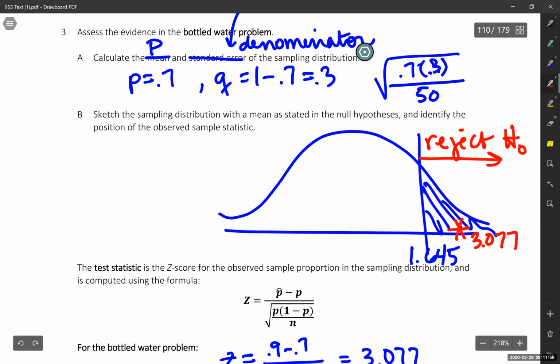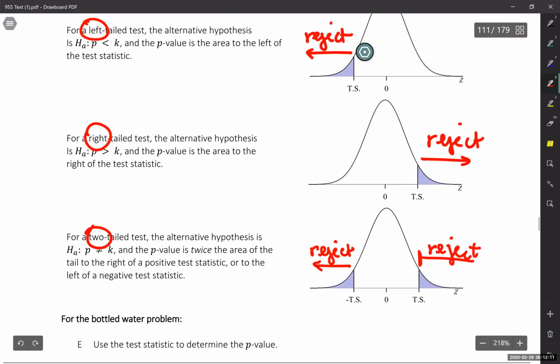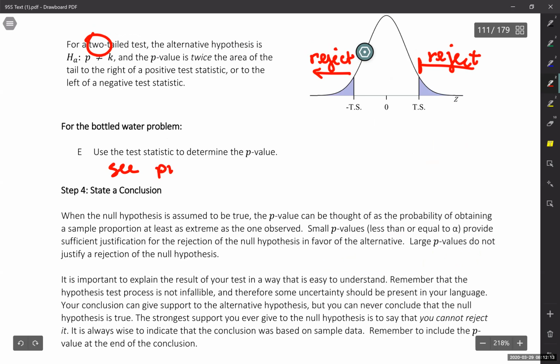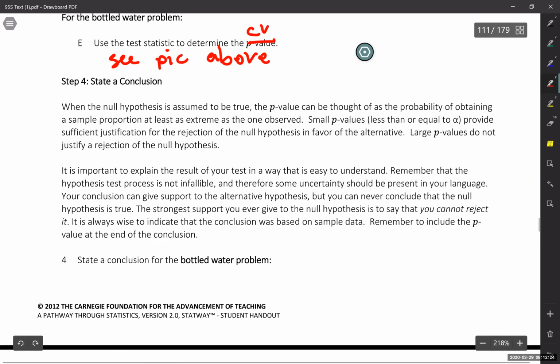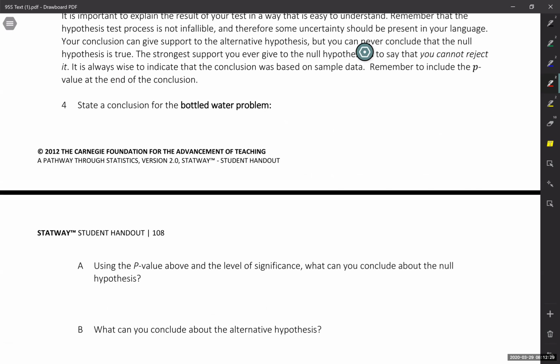Reject the null because our test statistic landed in the region as determined by our critical value. Okay, so we already did this. See the picture above. We already did that for our critical value. And so we can now come to our conclusion. This breaks it down in a few parts, but ultimately we are going to reject.